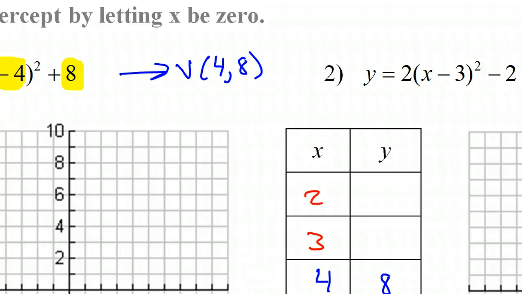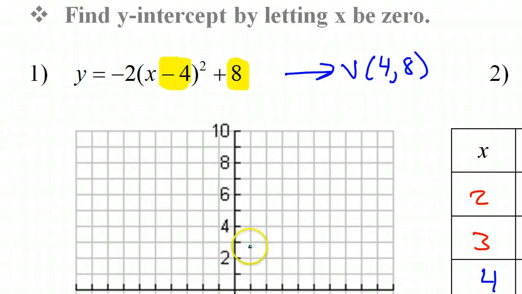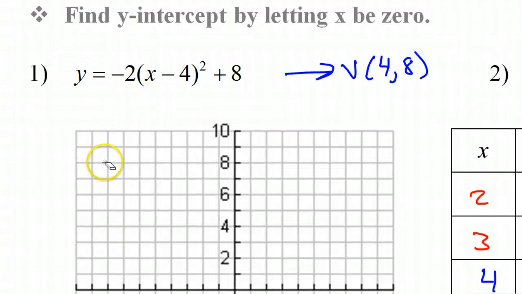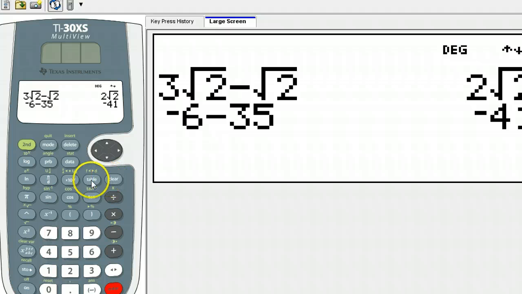All right, from that point, I would suggest let's consult the TI-30 XS MultiView. Let's see, so we have negative 2 times the quantity x minus 4 squared. Let me write that much. That's all I can remember at one time.